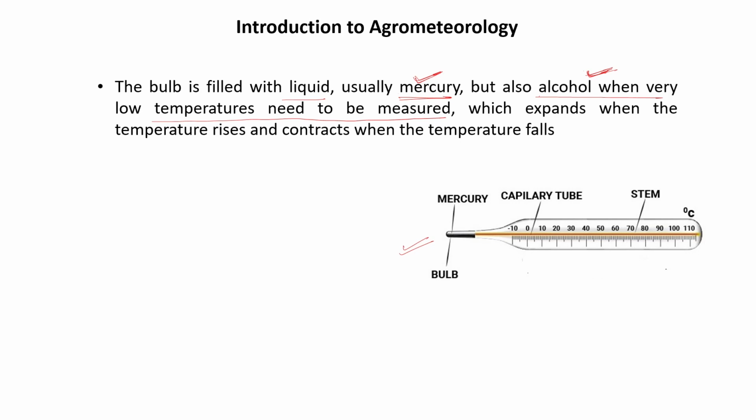At that time, our bulb must be filled with alcohol, which expands when the temperature rises and contracts when the temperature falls. According to the expansion and contraction, this liquid flows in the capillary tube, and there is a scale that we note down to know the temperature, right?